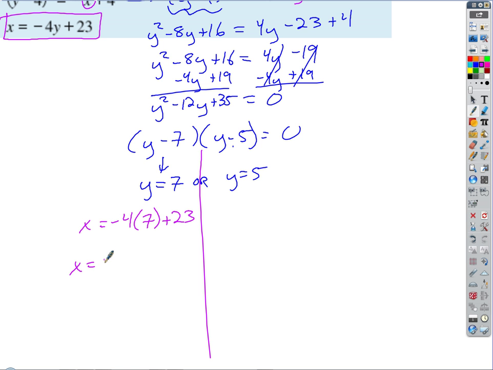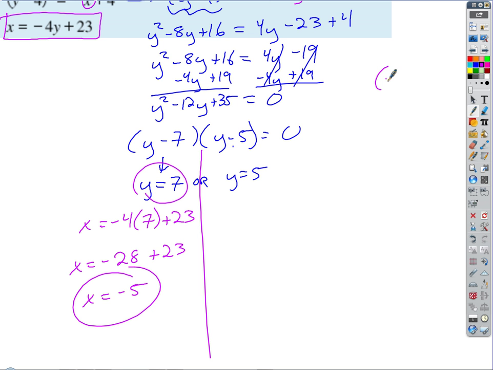So x would equal negative 28 plus 23. x would equal negative 5. So one solution would be the ordered pair x is negative 5, y is 7.